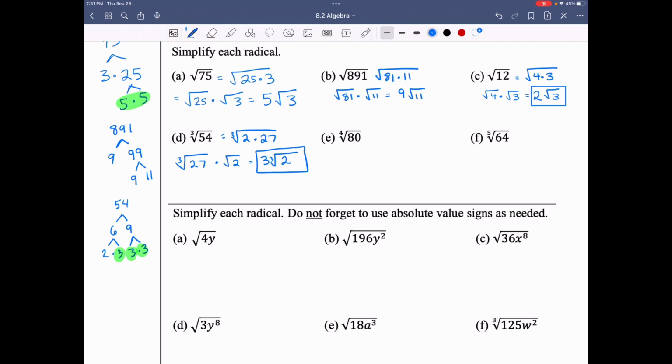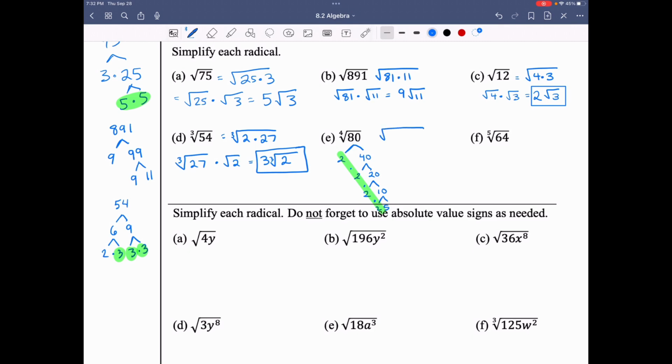For the fourth root of 80, we're going to have to take out 4 things. So let's just do our factor tree here. We can do 2 and 40, 2 and 20, 2 and 10, 2 and 5. So here you can see that we have 4 2s that are going to come out, and then we have a 5 that stays in. So 2 times 2 is 4, times 2 is 8, times 2 is 16.